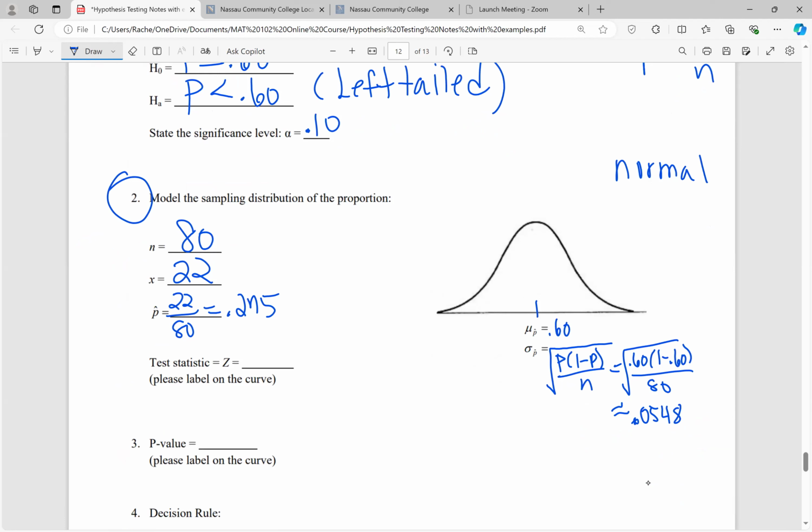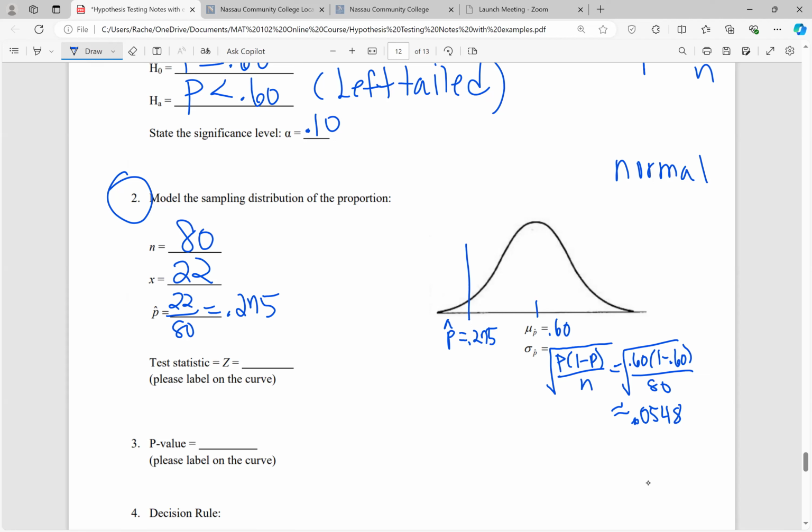Now we're ready to see, relatively speaking, where our p hat lives within this normal distribution. 0.275 is less than the mean of 0.60, so we're going to put it to the left. Here's p hat equal to 0.275. How many standard deviations below the mean is that? So get your test statistic.